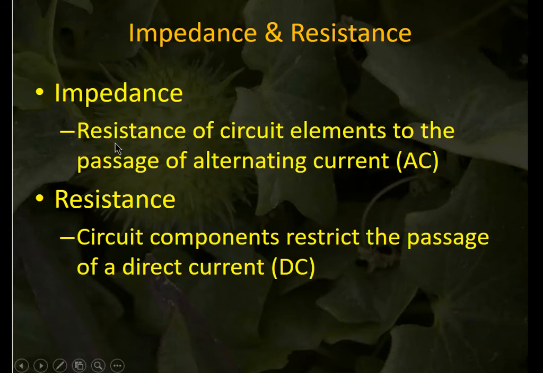And so this impedance value is what we use generally to measure the resistance of the circuit elements to the passage of alternating current. We do this because we want to avoid polarizing the electrodes. If we were to use a direct current, which is what we use to measure resistance, we'd just be passing an electrical current only in one direction through this electrical circuit.